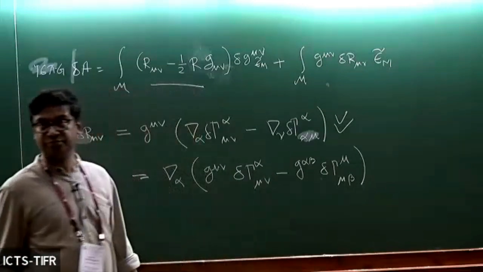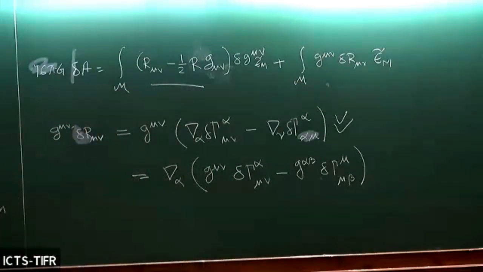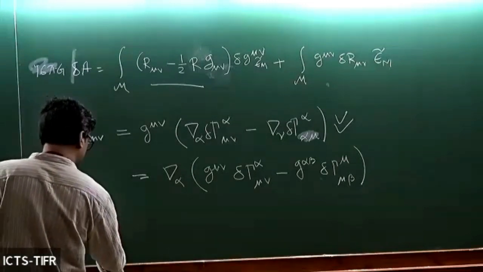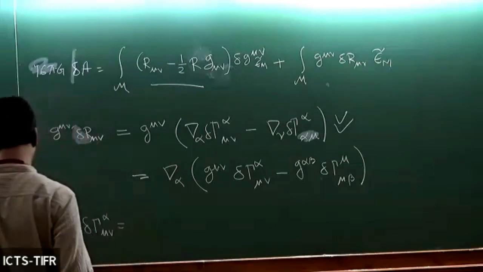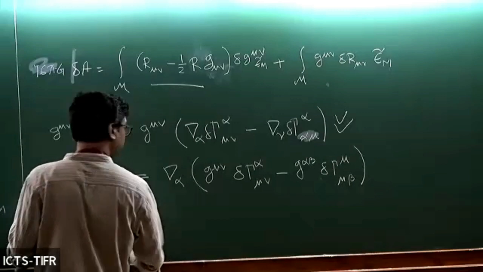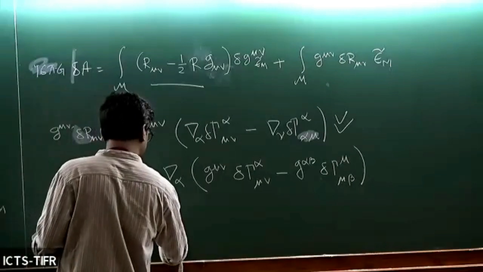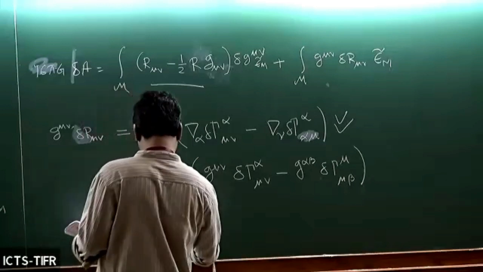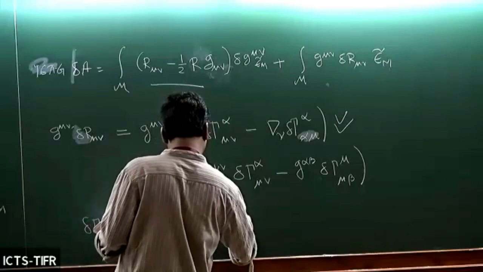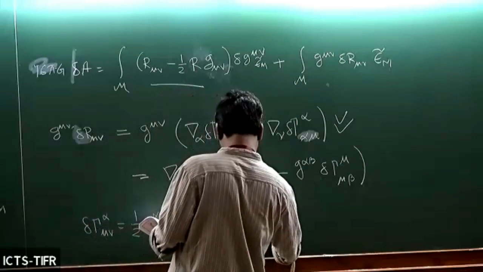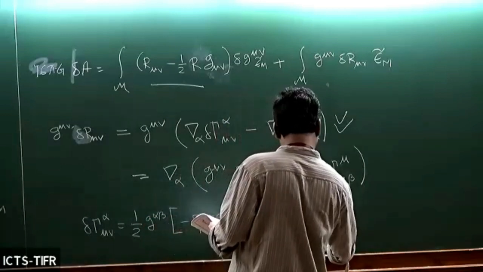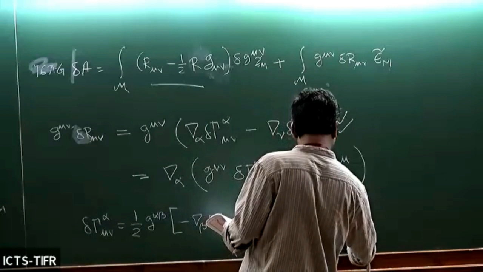Okay. So let me write down the formula. Again, you should be able to derive this. Show that this is nothing but half g alpha beta, minus del beta g mu nu plus del mu g beta nu, plus del nu g.